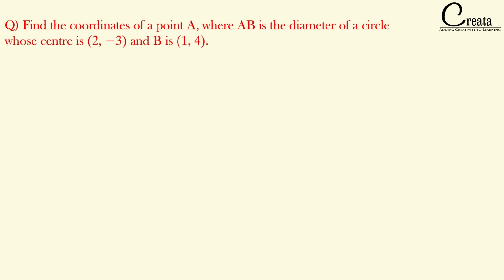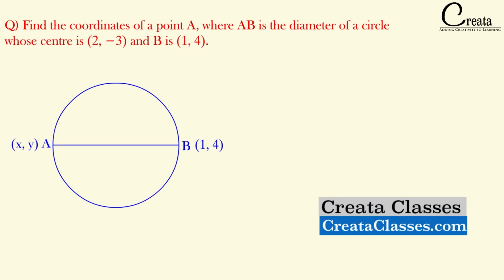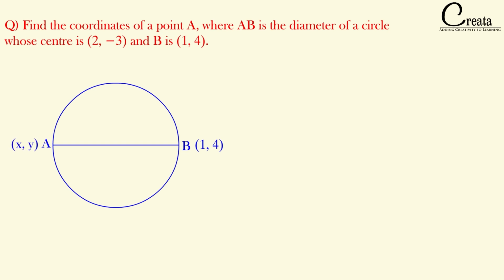Here this question is talking about a circle whose diameter is given as AB. The coordinate of B is given as (1, 4) and we have to calculate the coordinate of point A. Let's assume the coordinate of point A as (x, y). In the question, the center of the circle is also given as (2, -3).